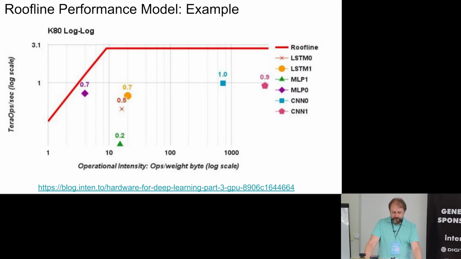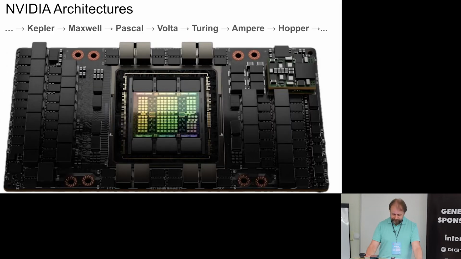So it's a bit tricky to measure all these things, but if you can do it, it's worth doing, because with this knowledge you can better optimize your particular calculations and invest in hardware wisely. There are a lot of NVIDIA architectures. It changes constantly, and right now I think the most modern one is Hopper, but you can correct me if I'm wrong.